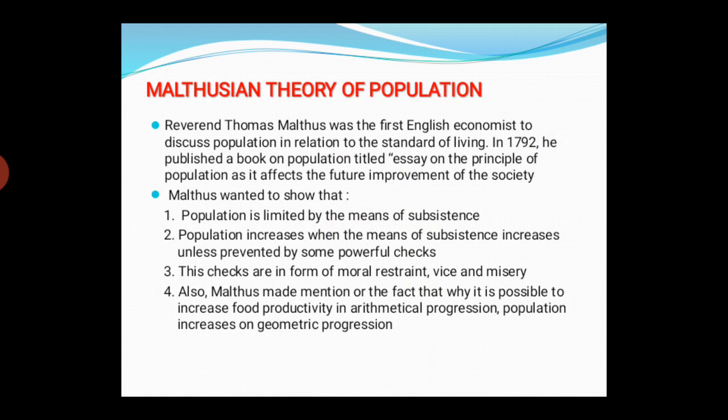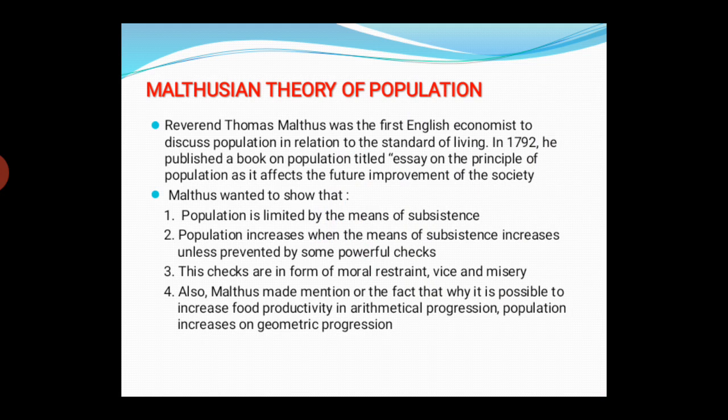He was the first person to give consideration to population issues. And in his essay, in his book, he tried to look at population in relation to standard of living. Majorly, he compared the population size and the means of subsistence.